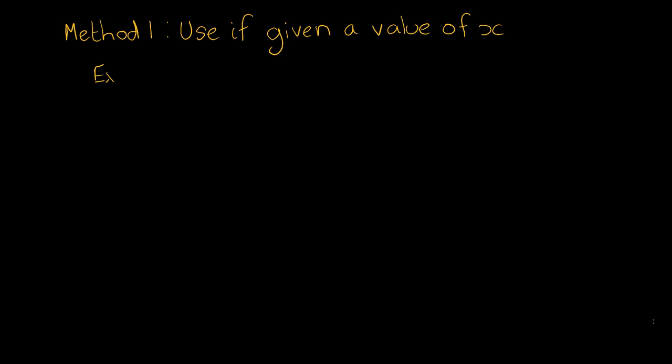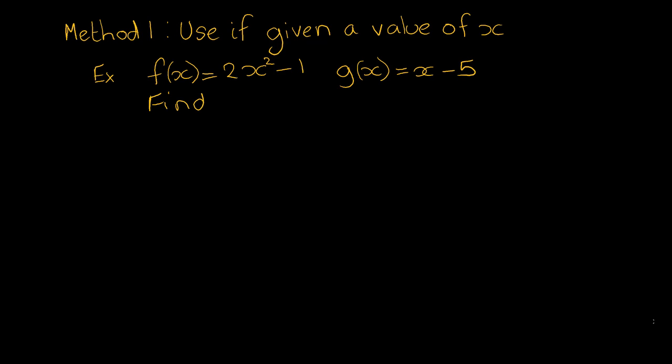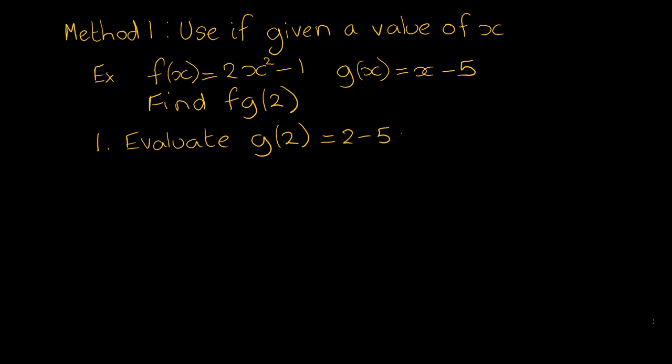So for example, here we have f of x equals 2x squared minus 1, g of x equals x minus 5, and they're asking us to find fg of 2. So we've got that x value there. So the first thing we're going to do is evaluate g of 2, which would give us 2 minus 5, which is minus 3.